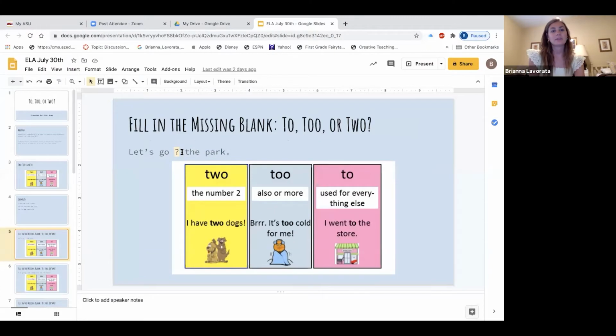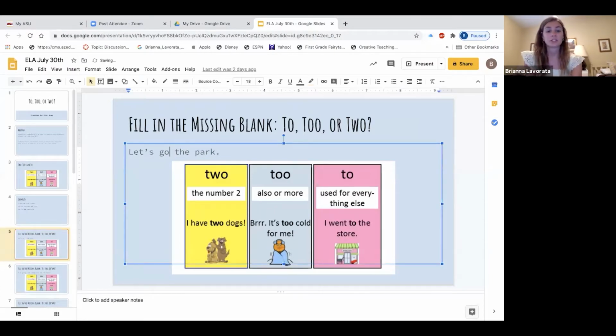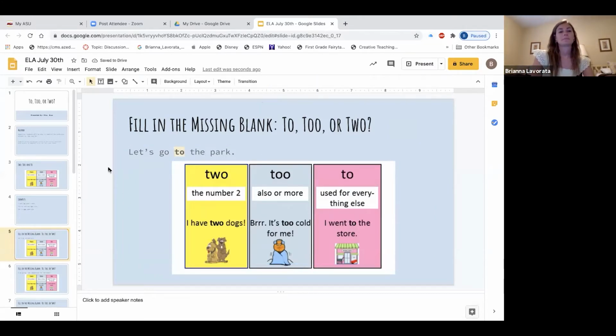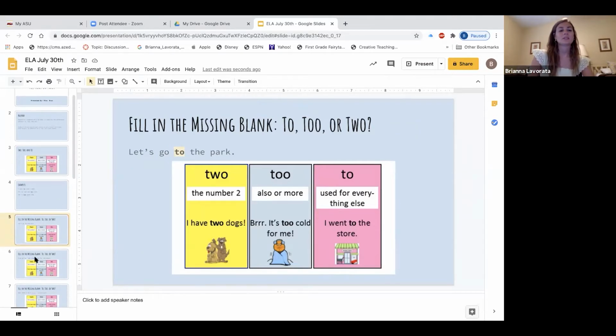And if you would like to write this example down, please feel free to, okay? Okay, we're using this just because it's basic. It is an everything else type of to. So we are going to say, let's go to the park. All right, let's move on to our next one.